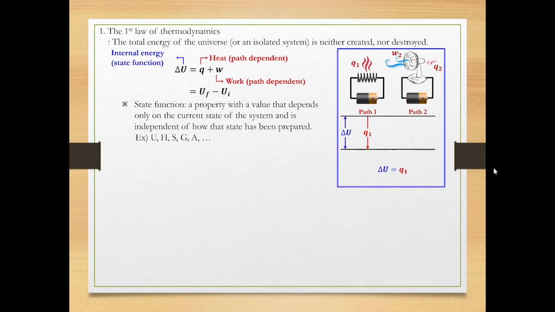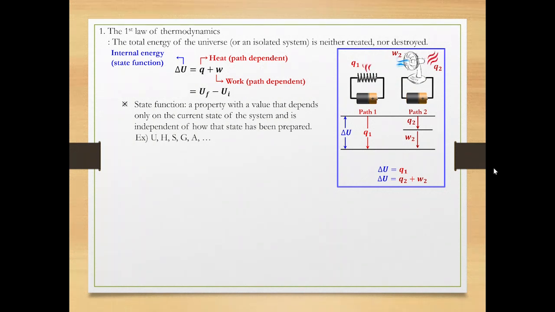The heat in path 2 is denoted by Q2. It implies that the internal energy delta U is consumed to generate heat Q2 and do work W2. It can be written mathematically, delta U equals Q2 plus W2.